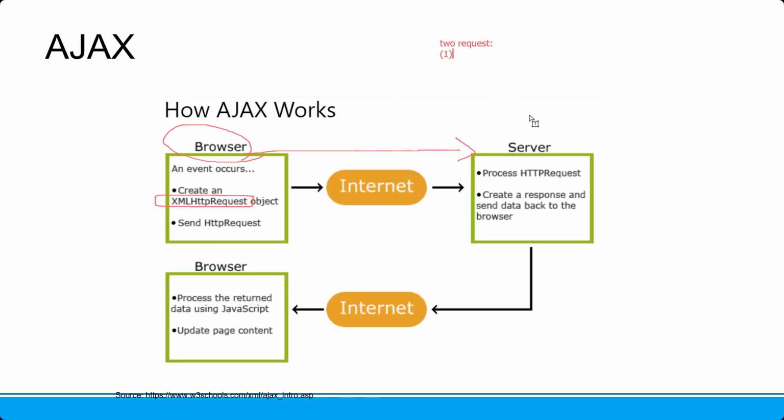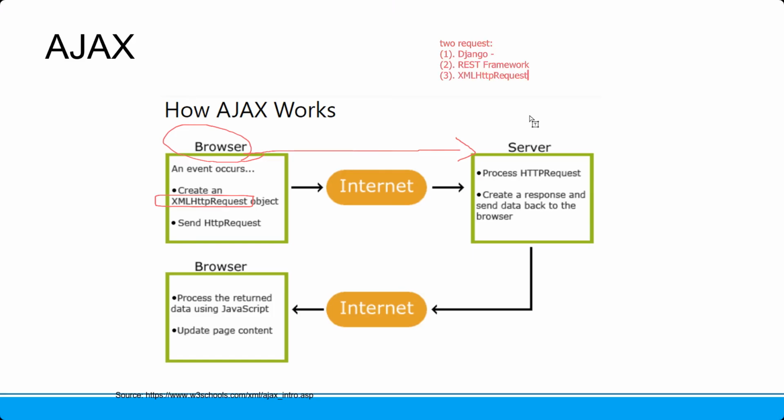The first request uses Django, the request from Django. The second uses the REST framework to request the data. And the third we are going to learn is the XML HTTP request.